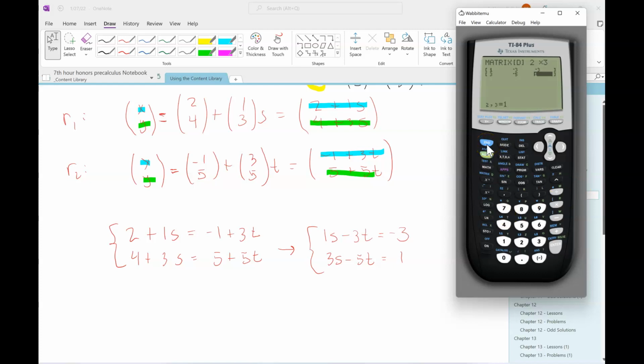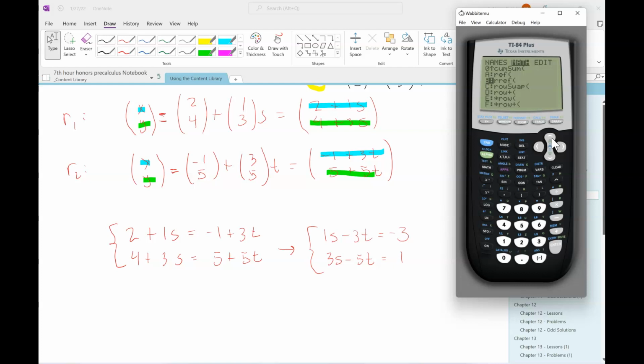Once I've got my matrix set, I'll exit out of here by pressing second and then the mode button. I'll go back to my matrix menu, but this time I'm going to go to the Math tab. And I'm going to scroll all the way down to the bottom till I see the command RREF.